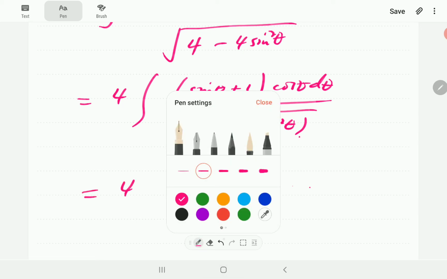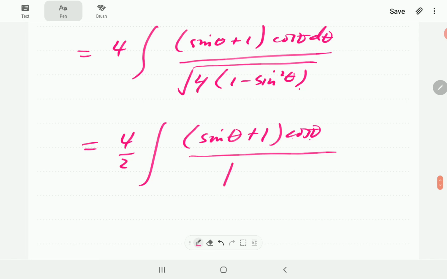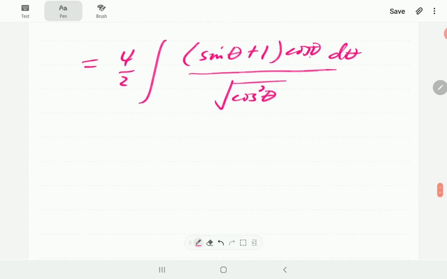4 now we can take outside the square root, so it's going to be 2. Square root 4 is 2, sine theta plus 1 cosine theta, and then 1 minus sine squared is cosine squared. So it's going to be square root of cosine squared, which is of course just cosine.